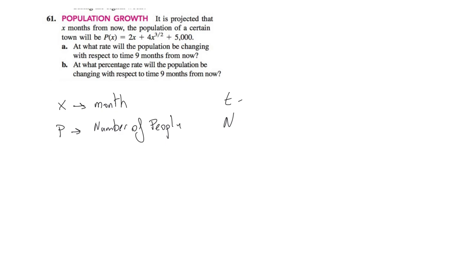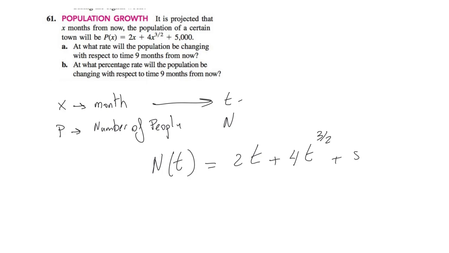So we have the function that the number of people at the time T is 2 times T, because we have changed the X by the T, plus 4 times T^(3/2), plus 5,000.